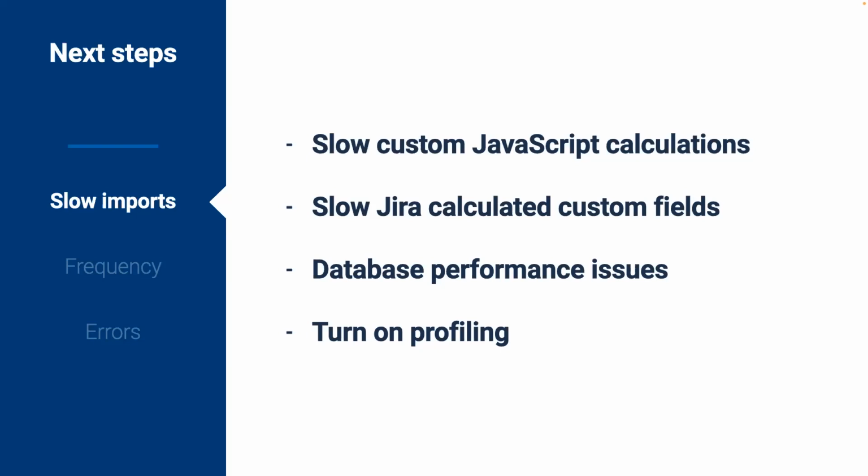We have seen also some customers that are using custom fields that are SQL queries. So each time eazyBI imports that issue, it will issue a query to the database, and for 1,000 issues, the import took more than 1 hour each time. So yeah, maybe there are Jira database performance issues or eazyBI database performance issues that cause slowness.